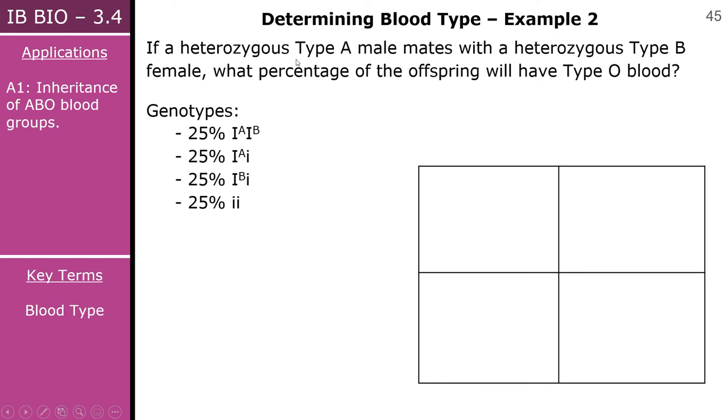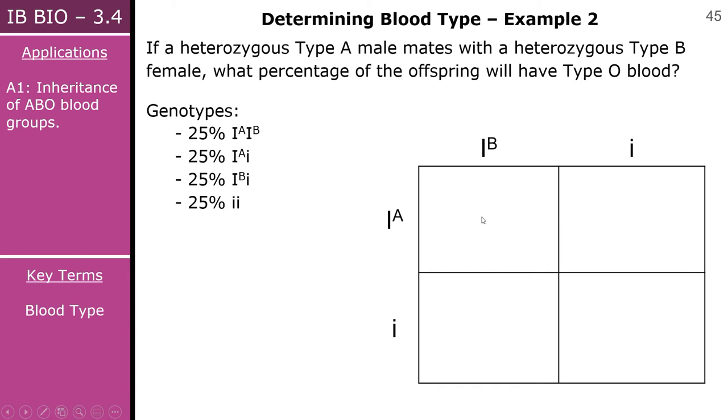So let's say I have a cross where I want to cross somebody who's heterozygous with type A with somebody who's heterozygous with type B. So remember, heterozygous in this case means that you have the mismatched alleles. So I have the uppercase I superscript A for my heterozygous type A with one recessive allele here, and I'm going to cross that person with a type B allele, and because they are heterozygous, their other allele would be a lowercase i.